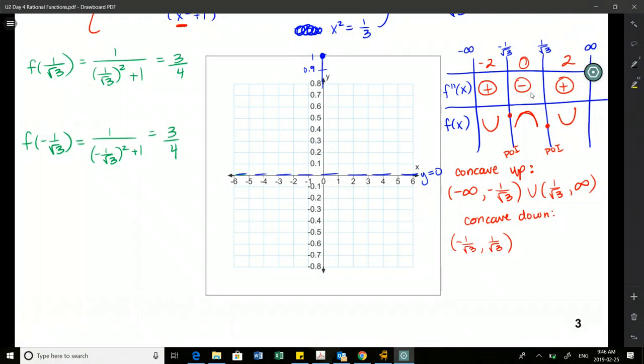Points of inflection at about negative 0.57 and positive 0.57, and 0.75. So here-ish and here.